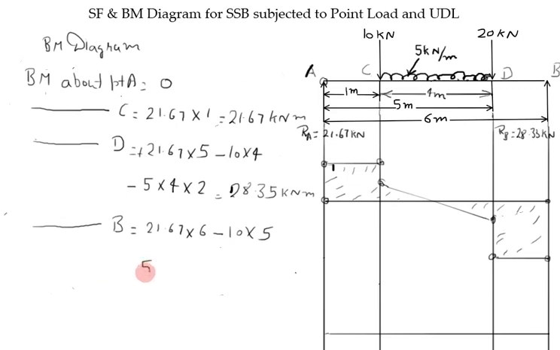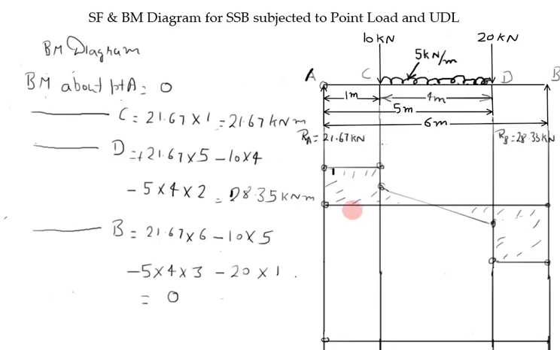Next one is 5 kilonewton per meter acting on 4 meter, and its CG lies at 3 meter from point B, anti-clockwise. Next one is 20 kilonewton, which is at a distance of 1 meter, anti-clockwise. So net becomes 0.